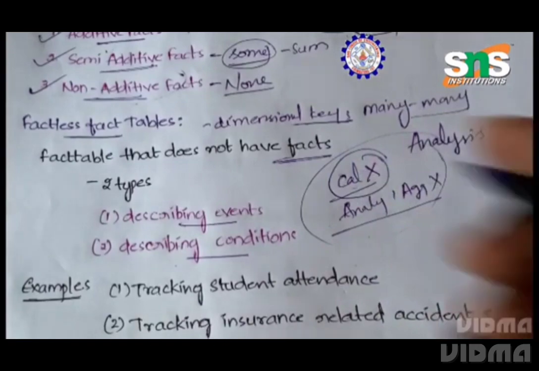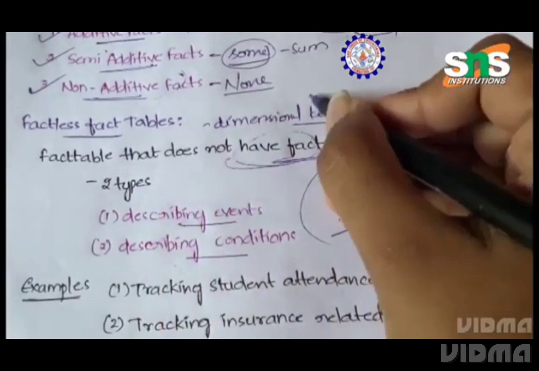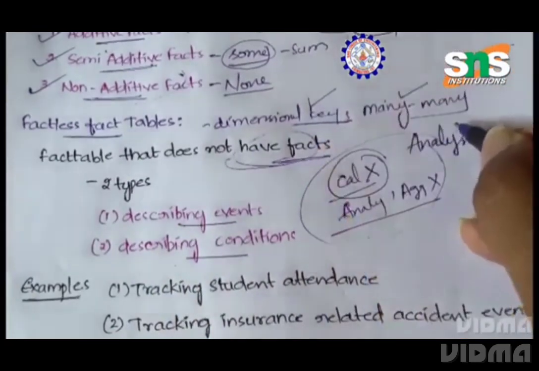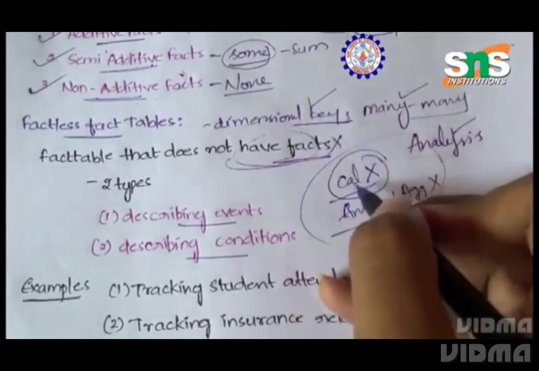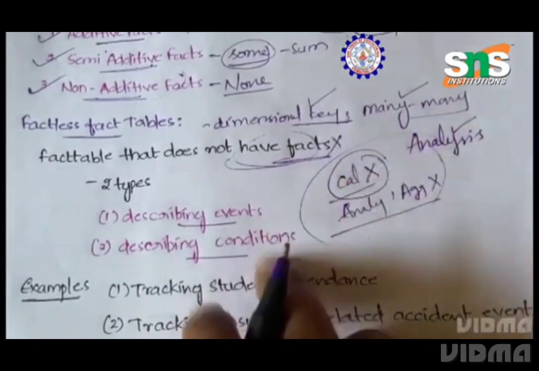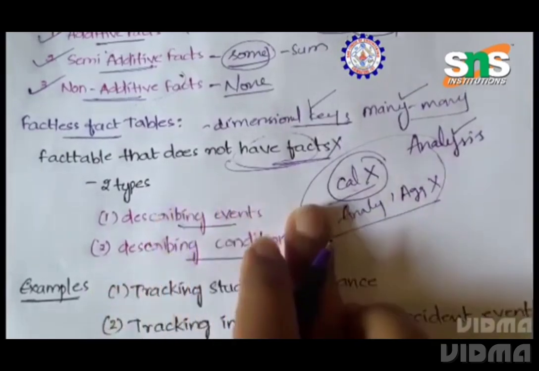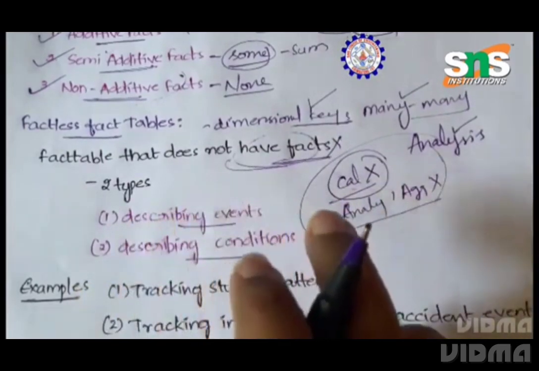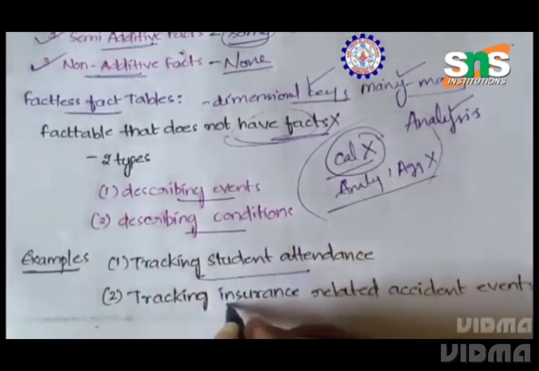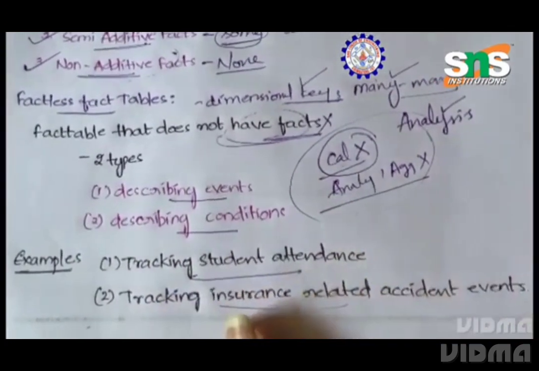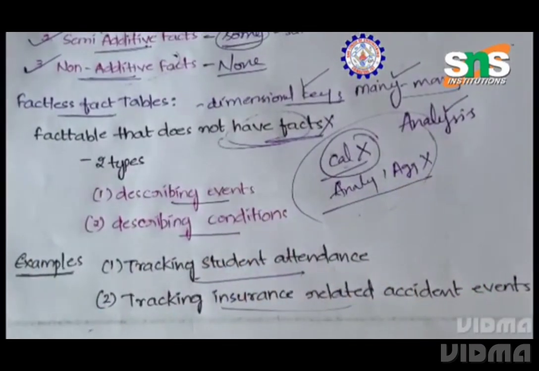It will not have facts and it will not have calculation information. Okay, we have the factless fact table which describes events and the factless fact table which describes conditions. The examples are tracking student attendance and tracking insurance related accident events. These come under the examples of the factless fact table.